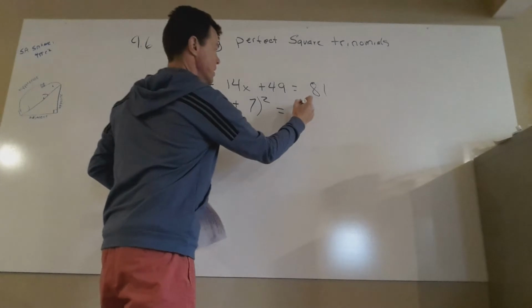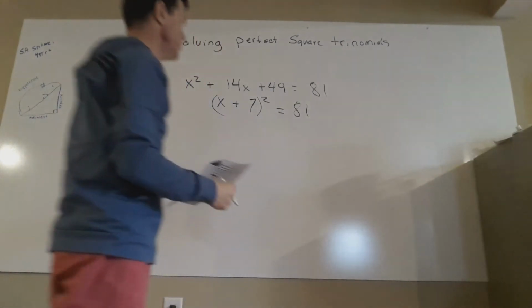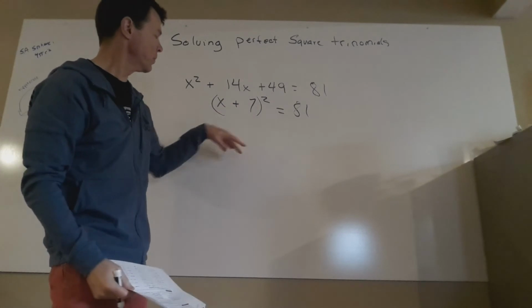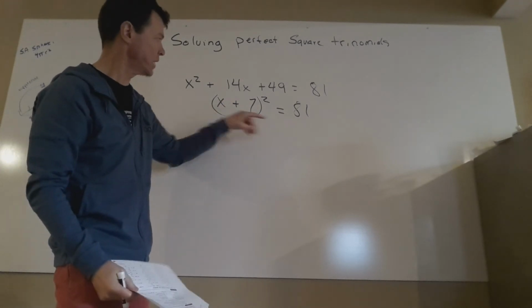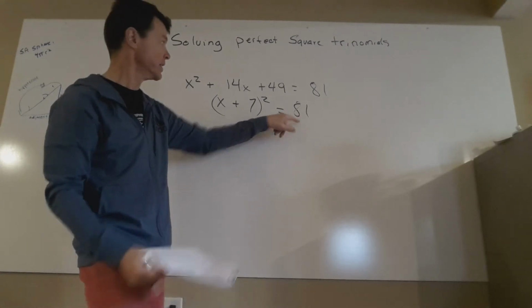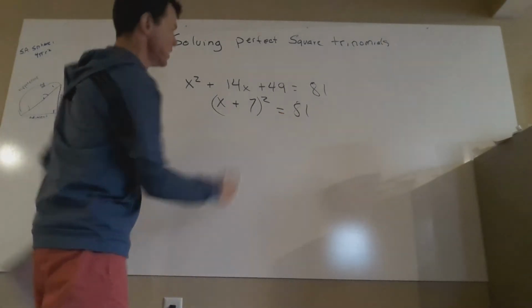It was 81. So again, it does not equal 0. But we could take the square root of both sides. Yes, 81 is a perfect square. Square root of 81 is 9.